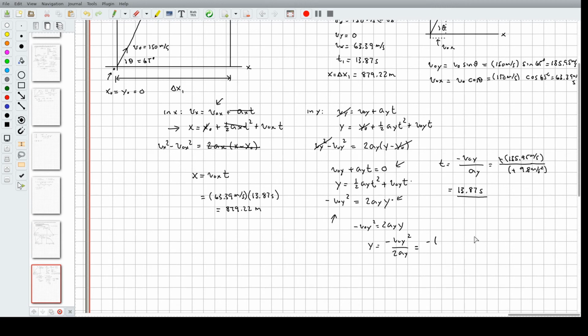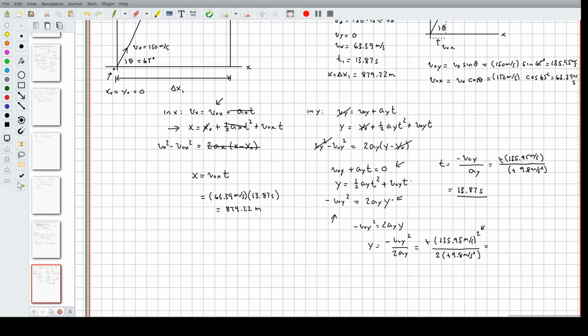V naught y squared is 135.95 meters per second. You got to square that. Don't forget to square it. Again, common mistakes are not squaring things. The square here on the time, the square here on the velocity. ay again is 9.8 meters per second squared down.